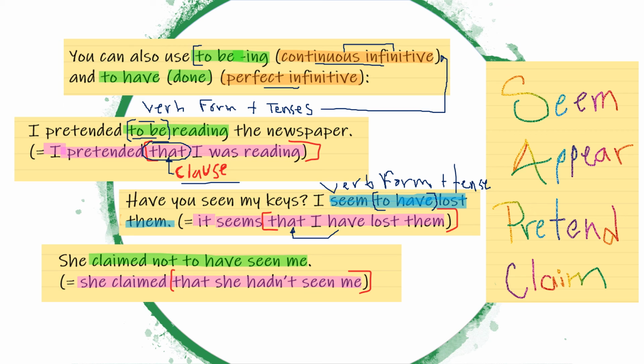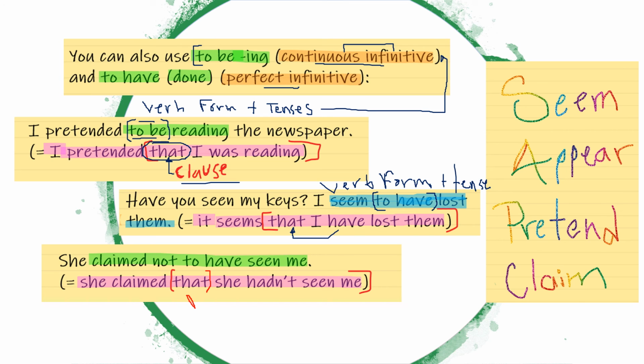Okay, now look at this. In the next part it says, she claimed not to have seen me. She claimed not to have seen me. It says, she claimed that she hadn't seen me. All right, now here what you are using is the clause with that.